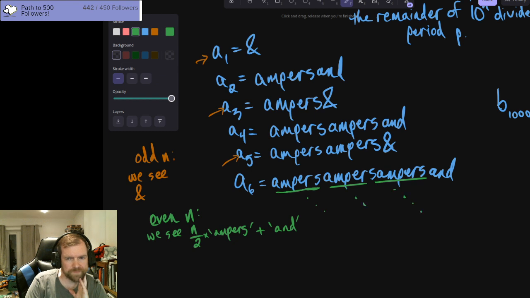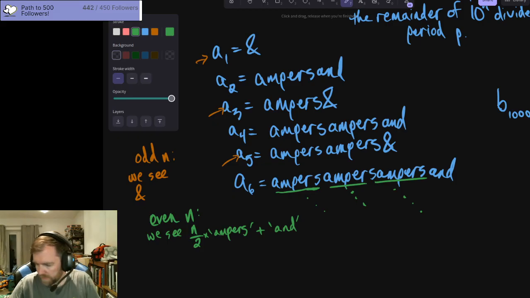I don't understand where... I see there's a claim that somebody's making. Okay, you can prove that this always works via induction.